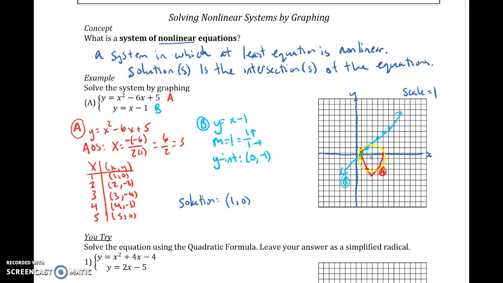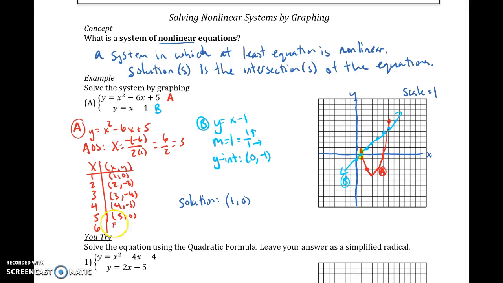But then you might say, wait, it looks like it's going to hit again because that red parabola is going to keep coming up. And when I look at this, I think it might hit at (6, 5), but I'm not 100% sure. So I want to double check that really quick. I'm going to plug in 6 and see what I get.